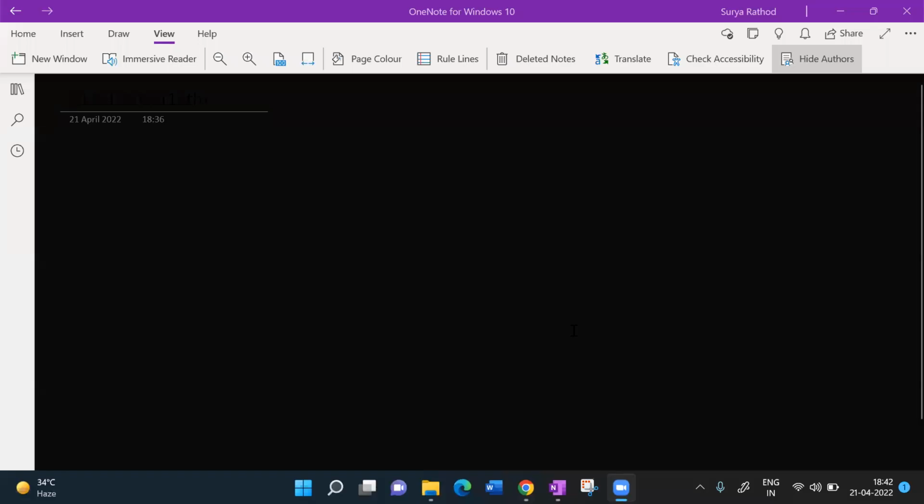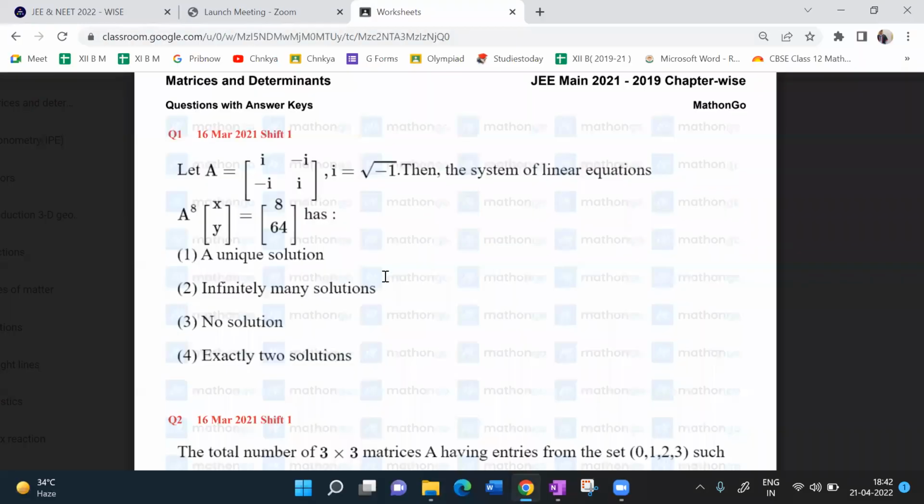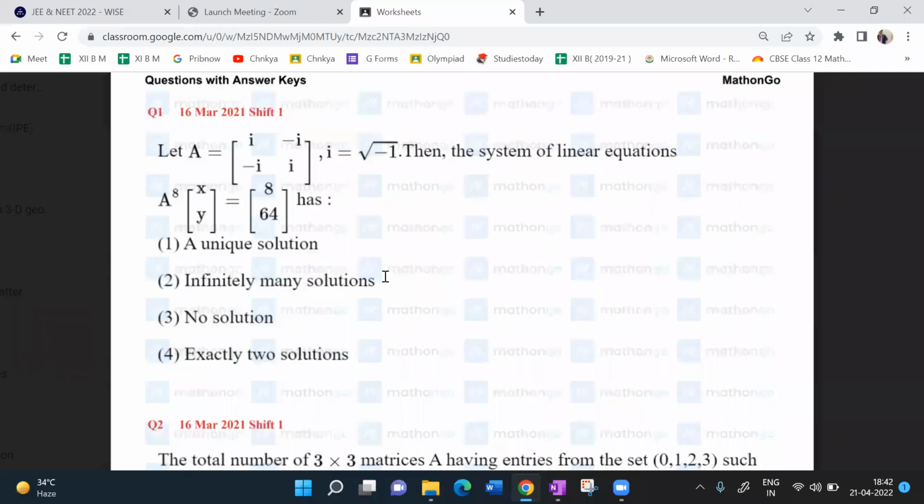Can you see the screen? Yes. So everyone go through this question. The first question given to you is a 2021 question. Everyone go through that. A matrix is given to you.